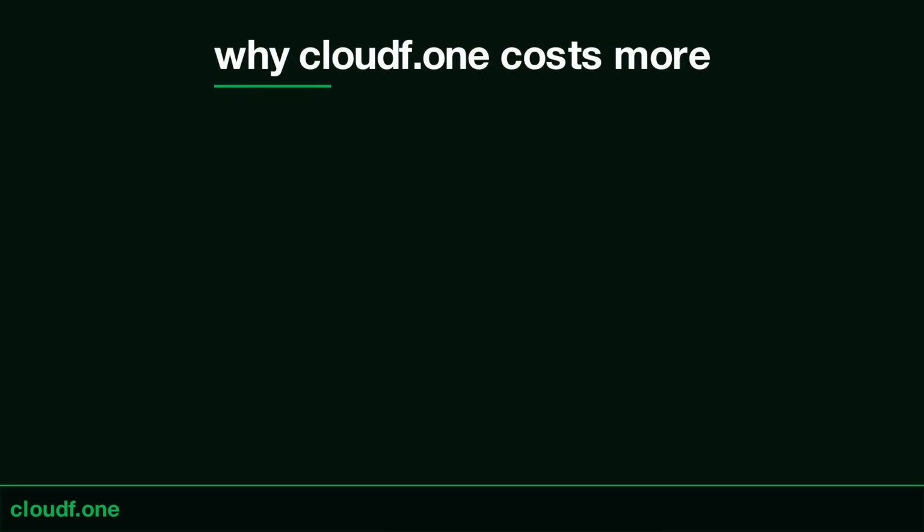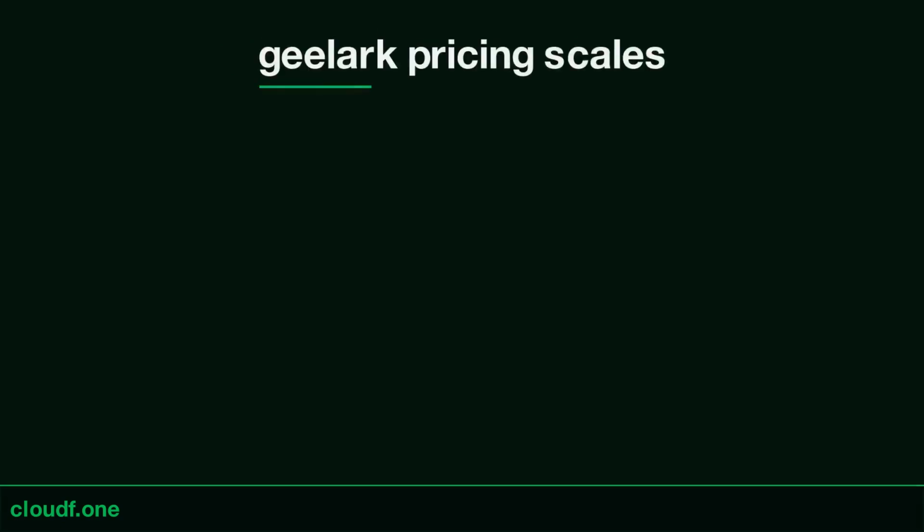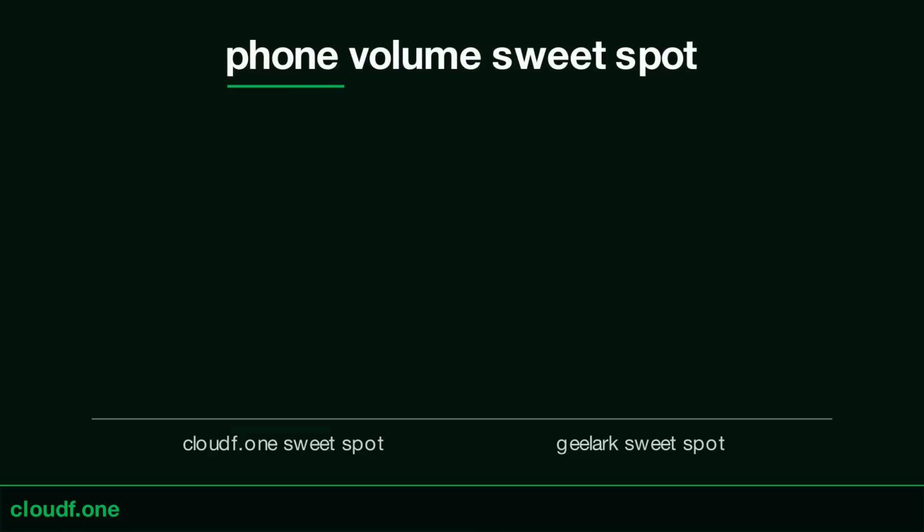Use case, better fit. Bulk cheap Android instances for QA testing: Geelark. Airdrop or crypto farming with strict anti-detection: Cloud.one. Affiliate marketing with SG-specific offers: Cloud.one. Generic app automation with no geo requirement: Geelark.